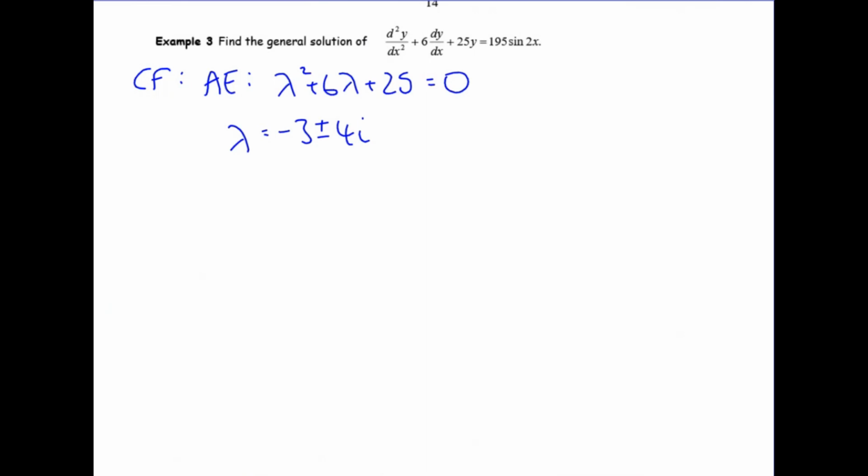Remember, then, your complementary function is y equals e to the minus 3x from your real part, and then a cos 4x from your imaginary part, plus b sine 4x. Okay, so that's the form you use for complex roots of your auxiliary equation.